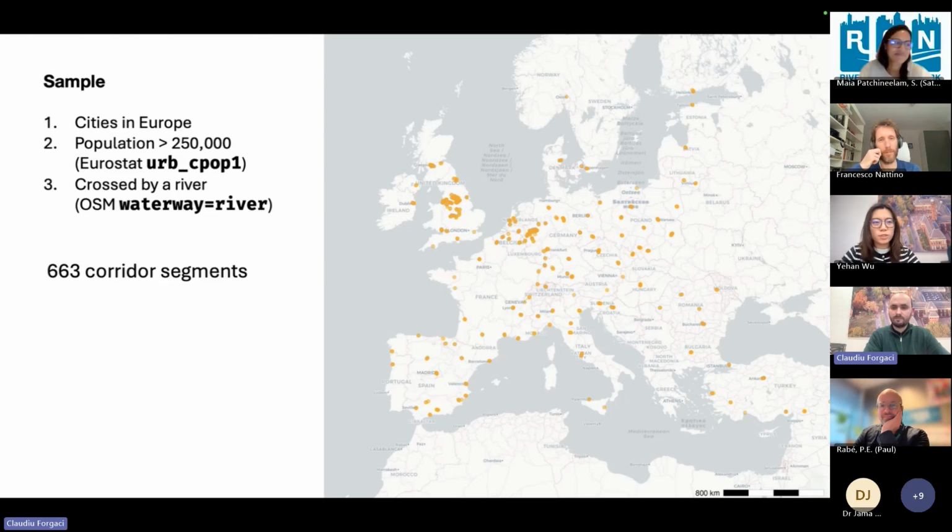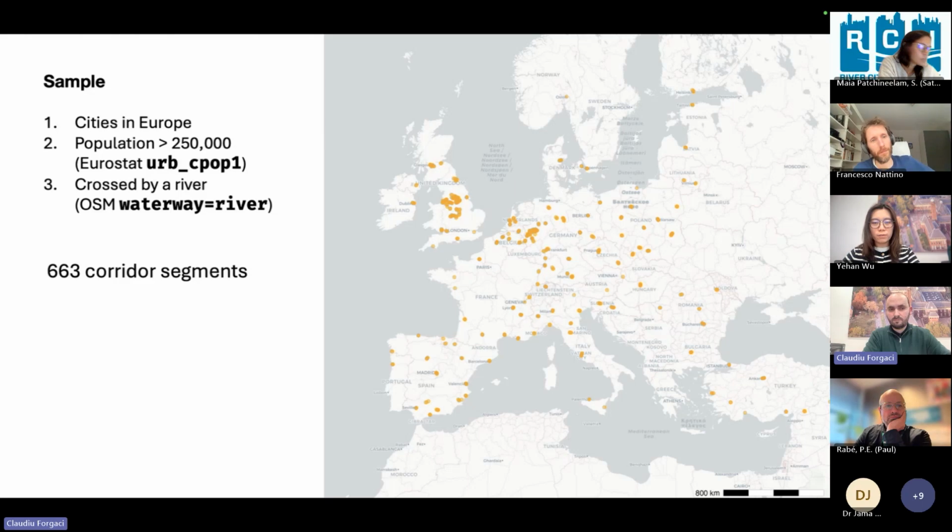Yes, so following what Claudiu just introduced, I will show you here an example about how it was used on a larger scale. So here we focus on all the rivers in cities in Europe, where the cities have a population larger than 250K, and are crossed by a river.